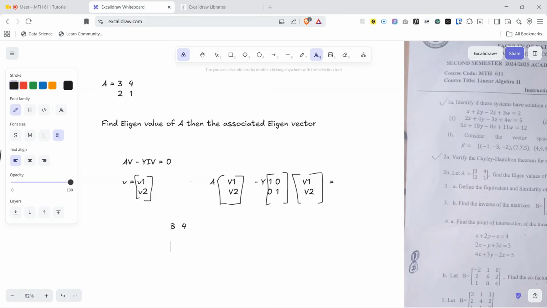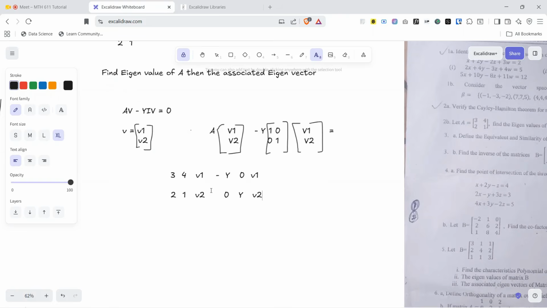So we have 3, 4, 2, 1 minus lambda, 0, 0, lambda, times V1, V2 equals 0.